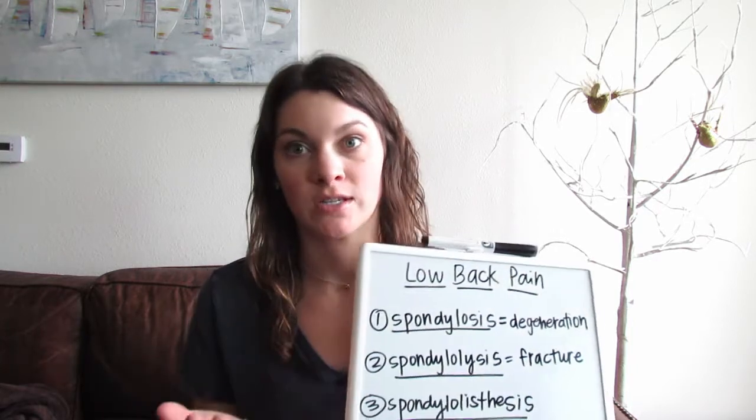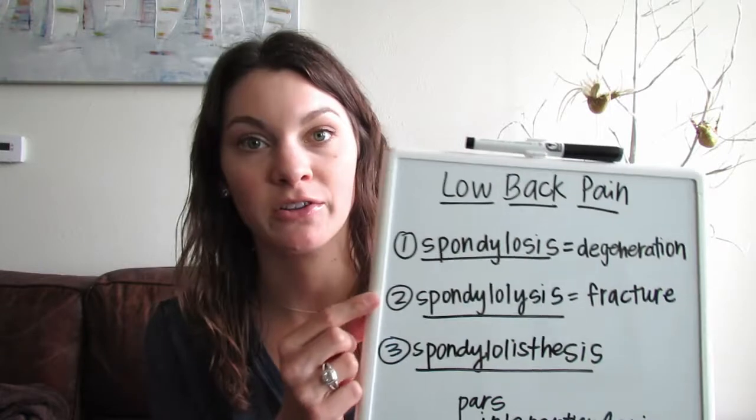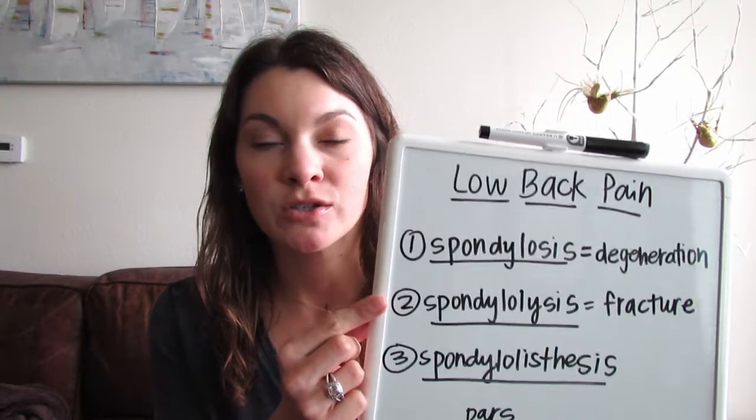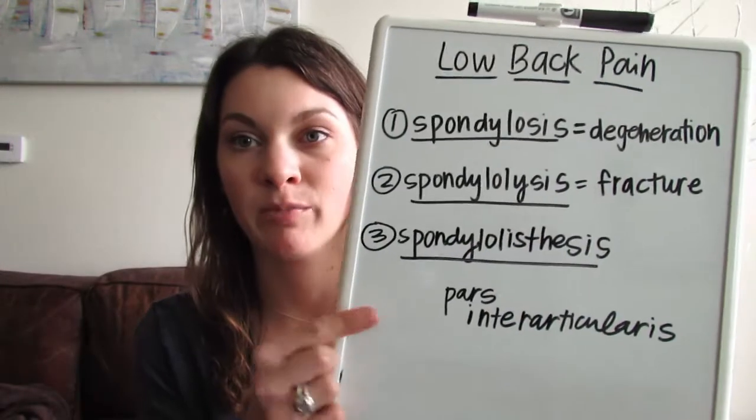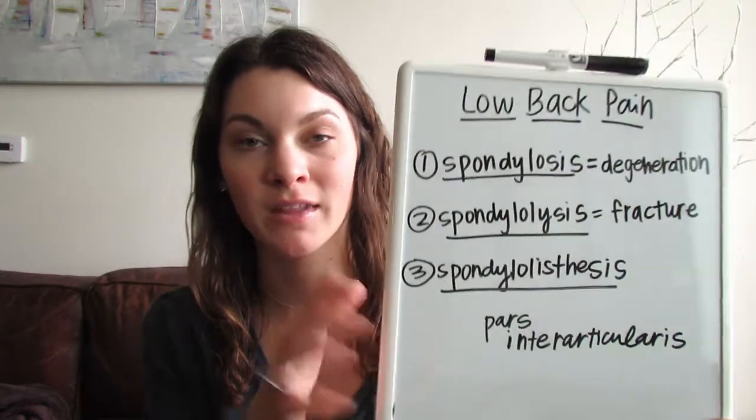Okay, so that's spondylosis. The second step, or another, I guess, more aggressive form, is this term spondylolysis. So that's when you actually have a fracture in the vertebrae. It's in a particular area called the pars interarticularis. Don't need to know that term, but there's different reasons why someone may have this fracture.